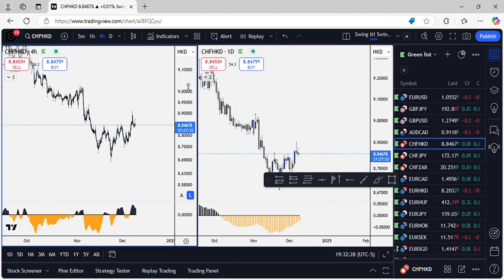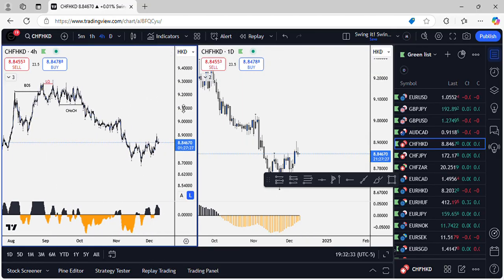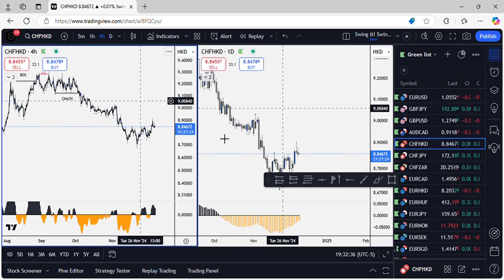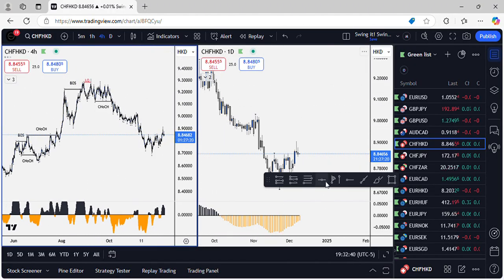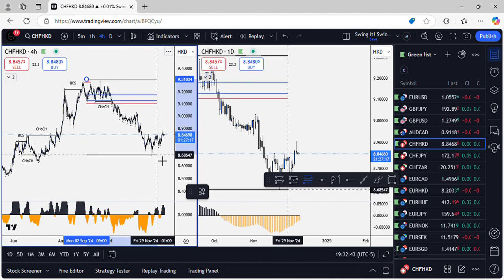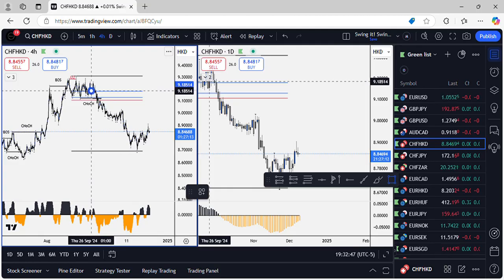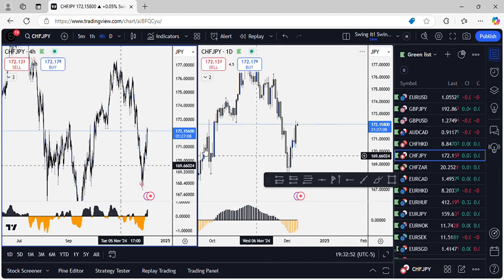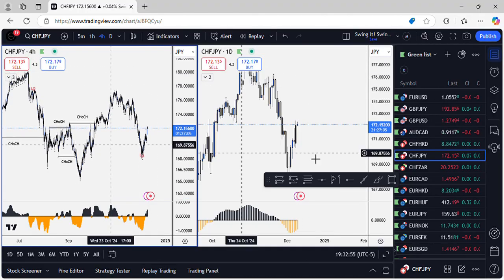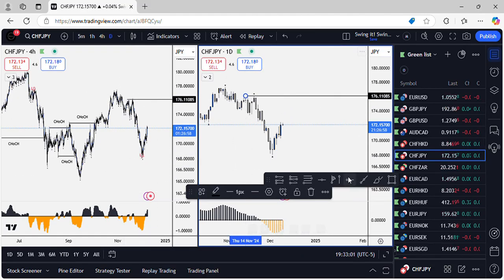All right, this buying, got a liquidity sweep, but no more liquidity was taken. So I'm taking my fib from up here. It's moving perfectly. This is selling.